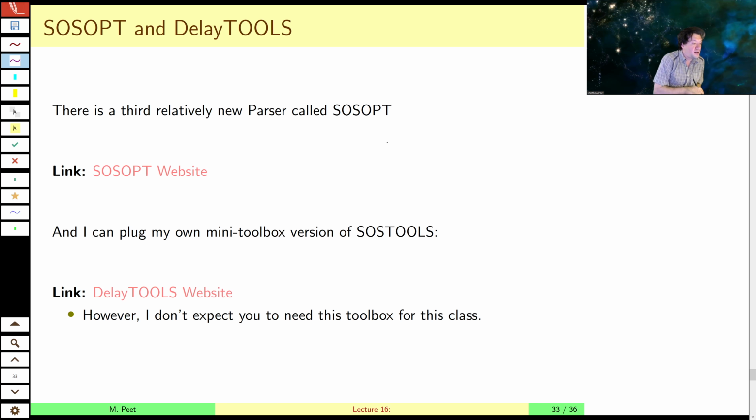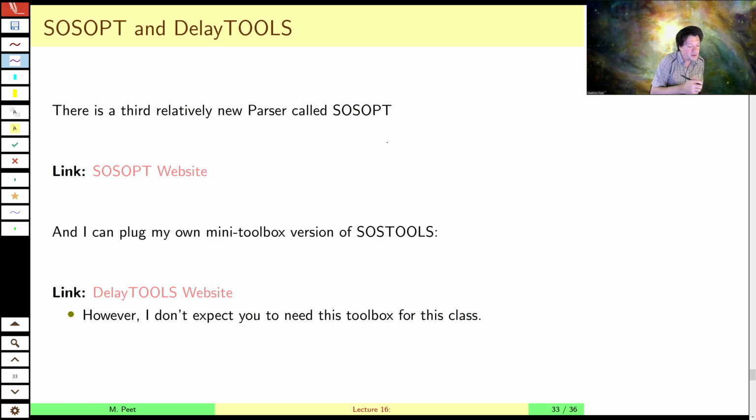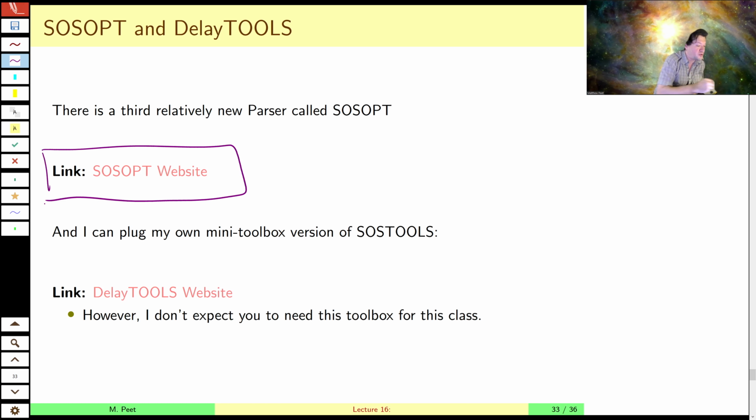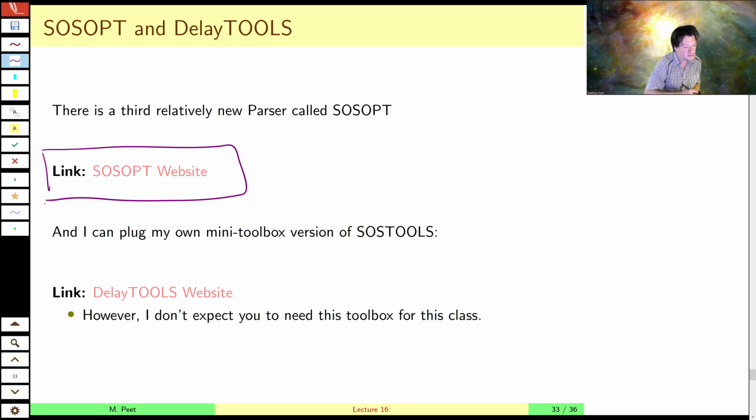Right. So those are the two main ones I want to talk about. There's another one, SOS opt, which is rather more recent. I'm not sure it's much better than Yalmip, however, but maybe it's improving with time. Created by Pete Seiler in Minnesota, although he recently moved to Michigan. But I think the site is still at Minnesota. He hasn't moved the site to Michigan yet, as far as I know.